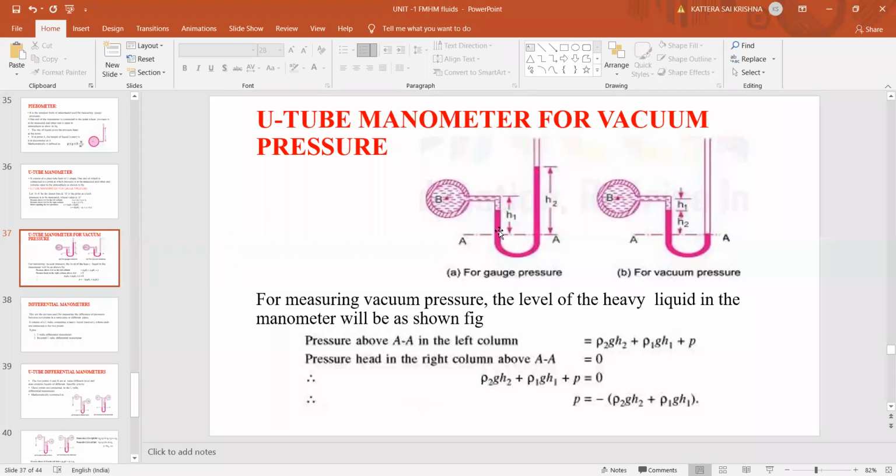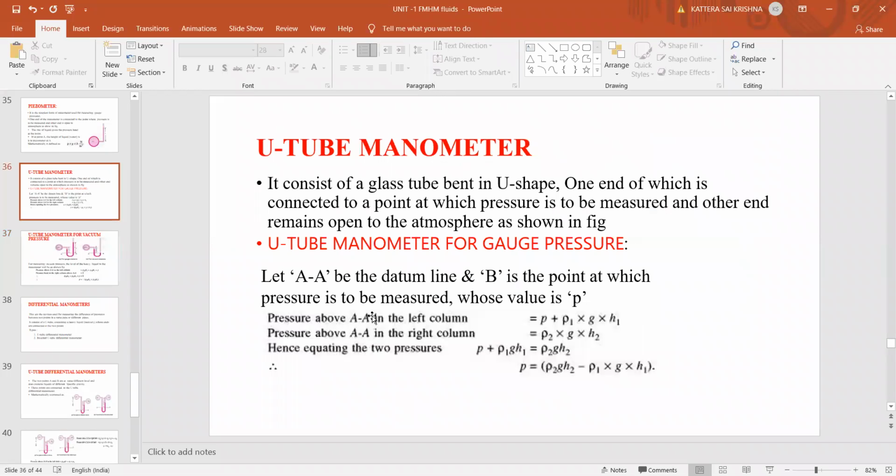Please remember H1. The pressure for this fluid is rho g H1, the pressure in the left tube above the datum line, plus the pressure of the water at this point, P. So the pressure above AA in the left column is the pressure in the flowing pipe, P, plus the pressure due to the manometric fluid head in the left limb, rho 1 g H1.